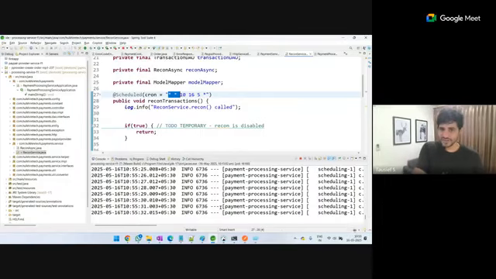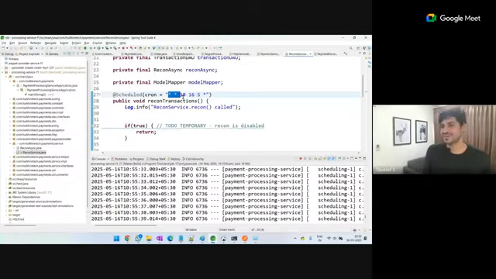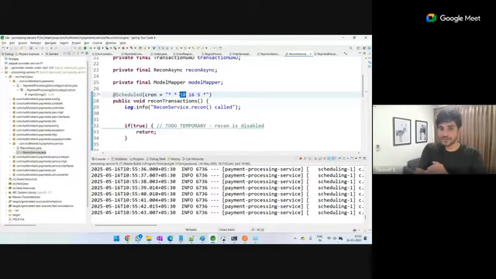So again, the same thing. The way we were thinking in terms of month and day of the month, you have to think in terms of these things also. Okay, only 10 hours. So in 10 hours, every minute, every second, this method will execute. As soon as this becomes the next hour, 11th, it is going to disappear.